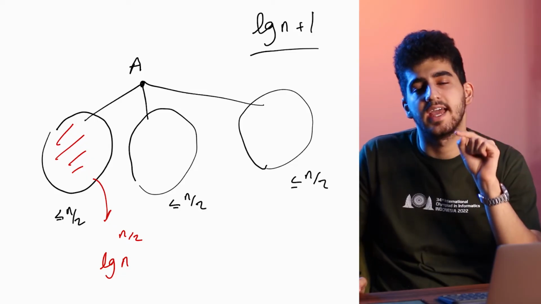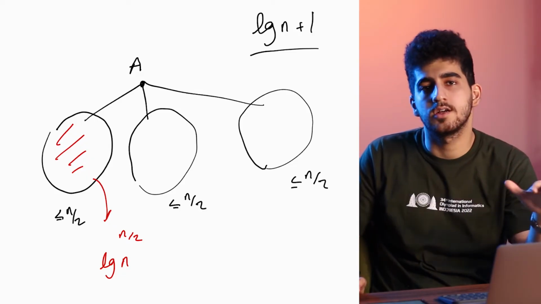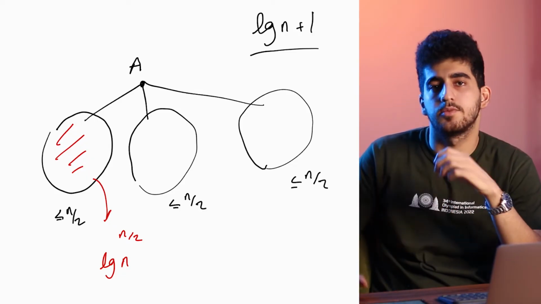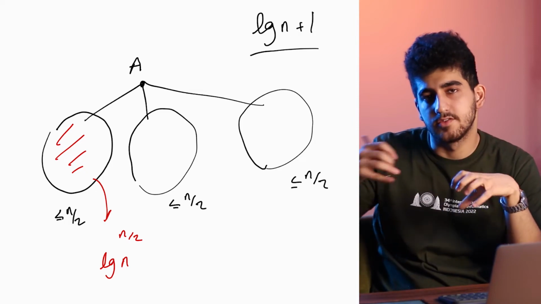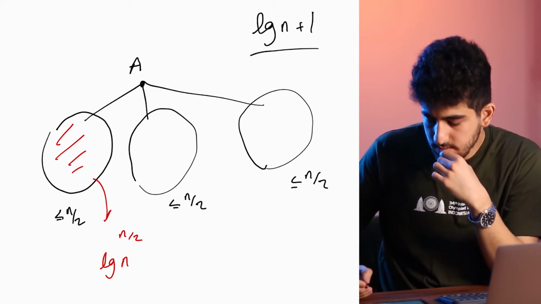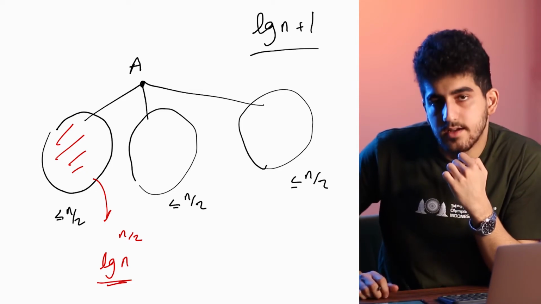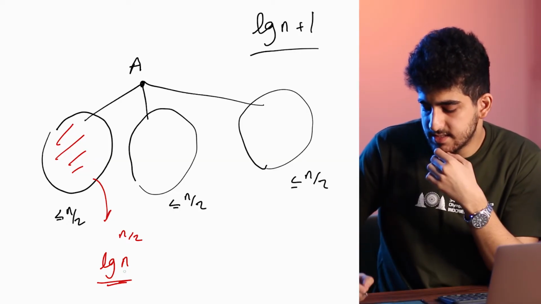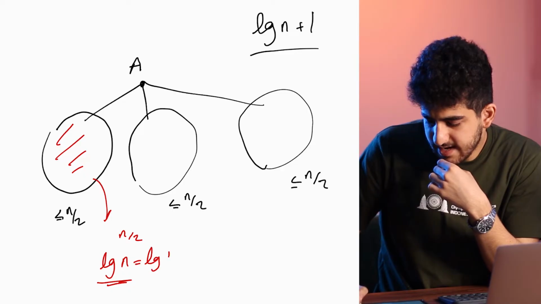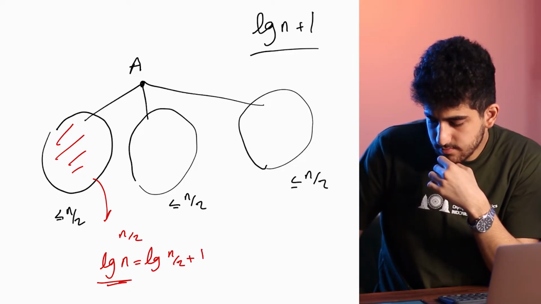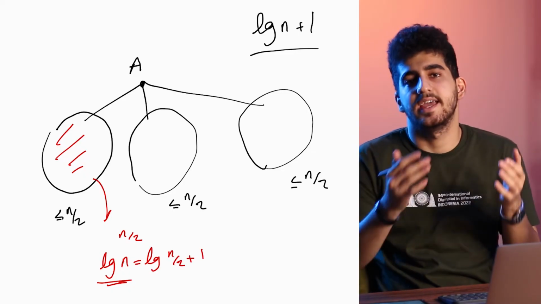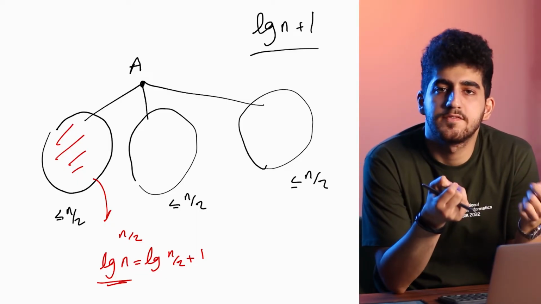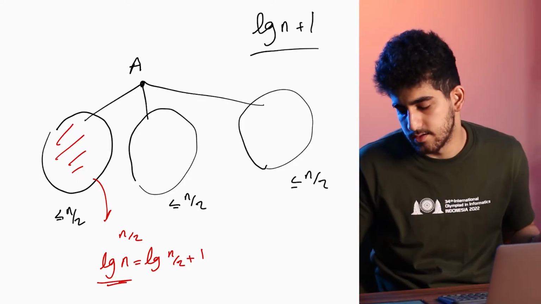I just put A in the centroid, and I do not use it in these connected components that I make after removing this vertex. So I will have log of n letters in here. It's just enough to say that this is equal to log of n half plus 1. So I still have n half vertices and log of n half plus 1 letters.